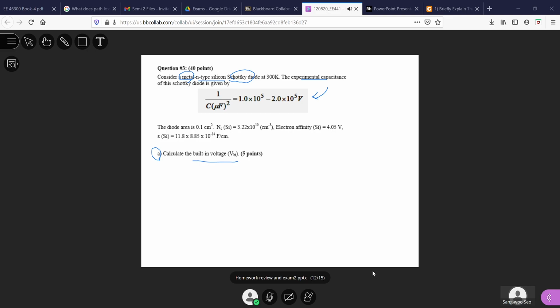you have to look at the relationship between the capacitance and your bias. We have this kind of relationship: VBI minus your applied voltage is related to Q, epsilon, ND, and area.